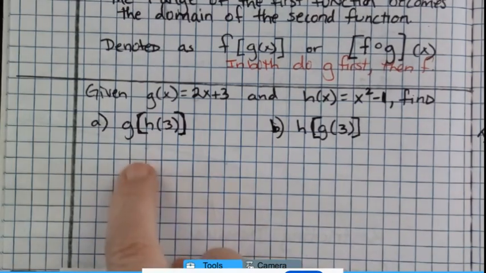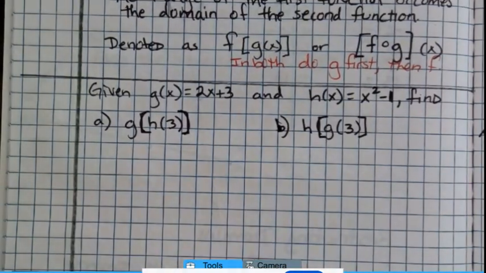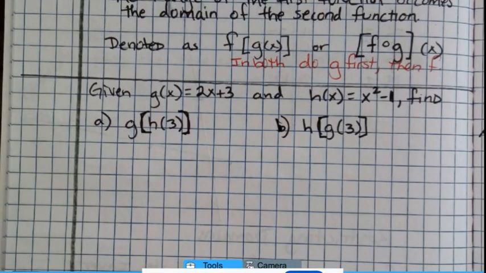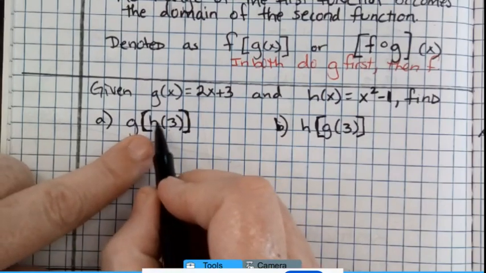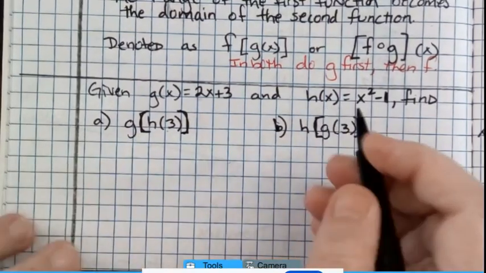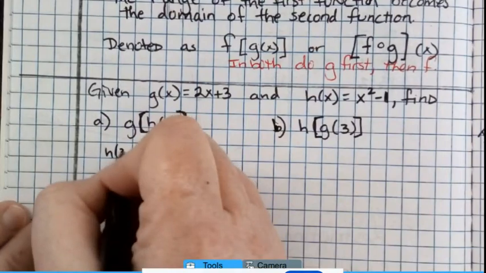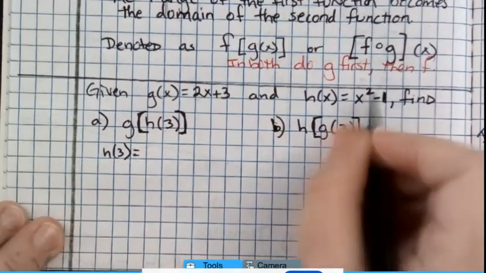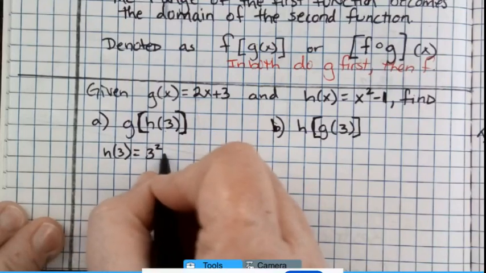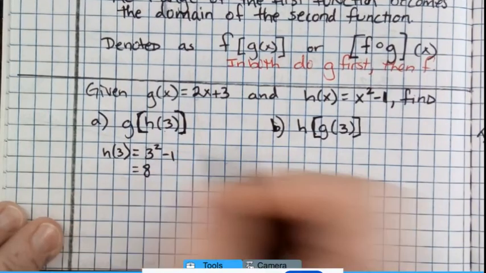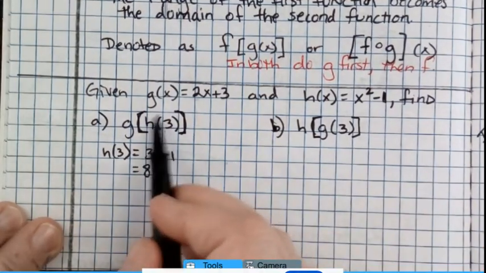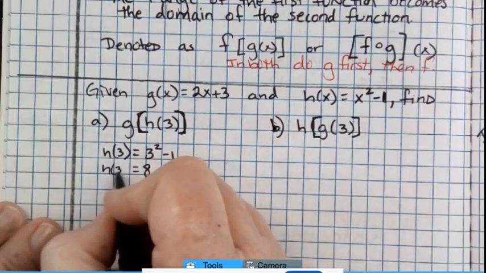So let's first do a. a is asking us to take 3 and plug it into h. So h of 3 is equal to 3 squared minus 1, which is going to be 8. h of 3 is equal to 8.